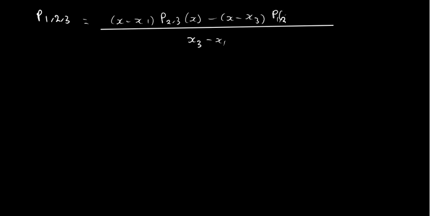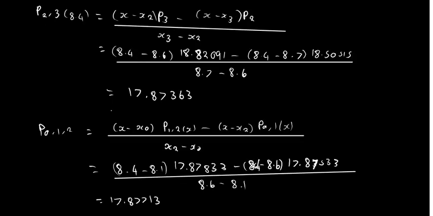What is supposed to be here? The item supposed to be here is 8.4 minus what is our x1? Our x1 is 8.3. Then what is our p23? p23 was 17.87363.